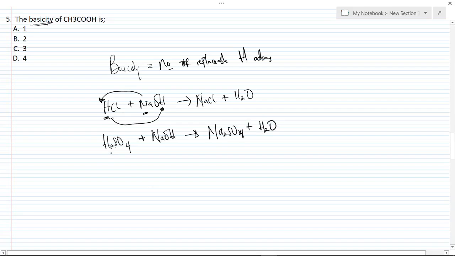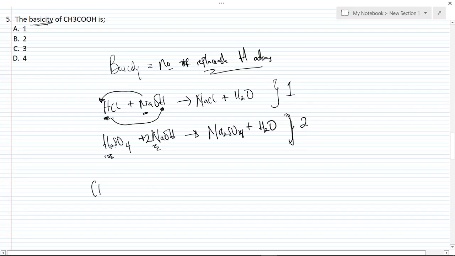So in this case, you can see that two hydrogens were replaced. Okay, balanced. I think it's balanced now. Yeah, two hydrogen atoms were replaced by two sodium atoms. However, in the first case, it's just one. So you can see the acid HCl has a basicity of 1. However, H2SO4 has a basicity of what? 2. Again, it refers to the number of replaceable hydrogen atoms.